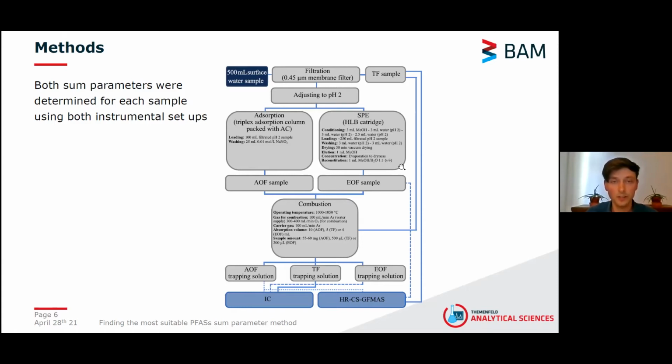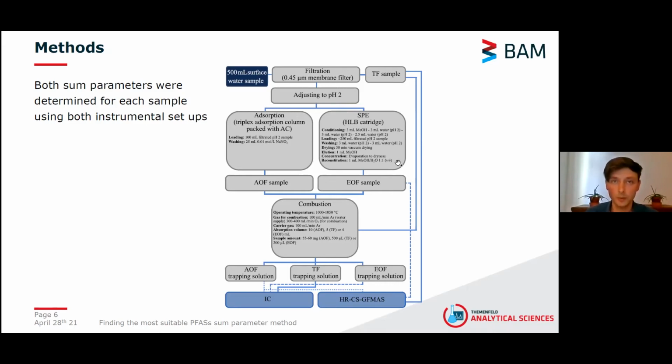Enrichment and inorganic fluoride cutoff were reached by loading and washing of the samples either on activated carbon for the AOF or, respectively, on HLB cartridges for EOF. The second was eluted using methanol, resulting in an EOF containing extract.